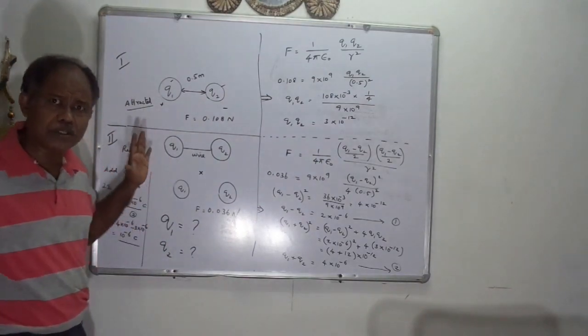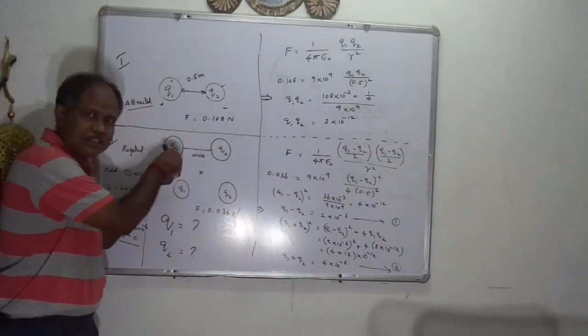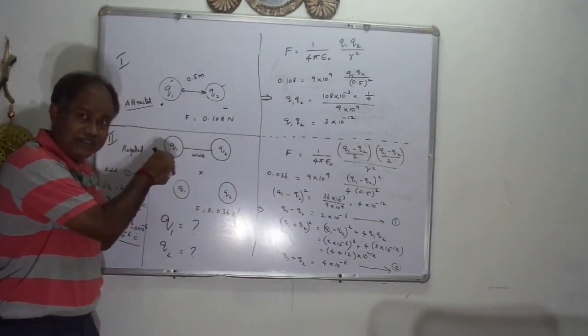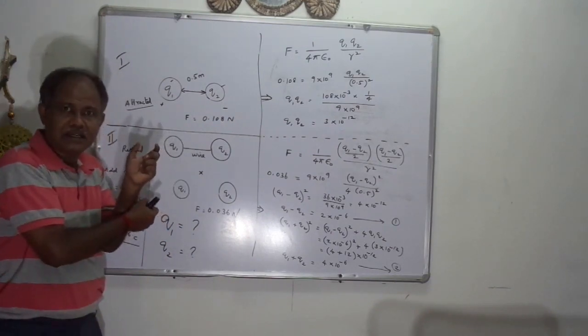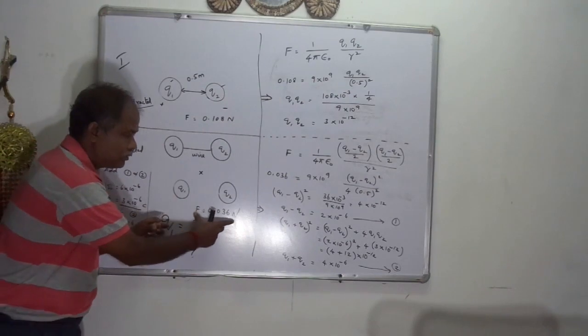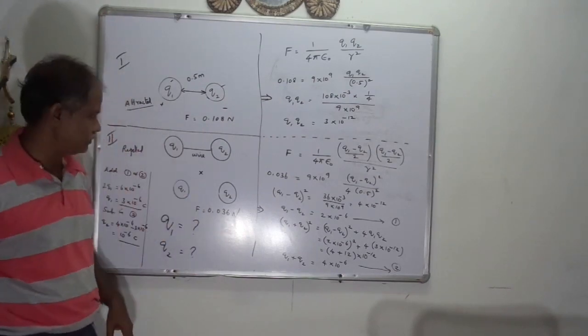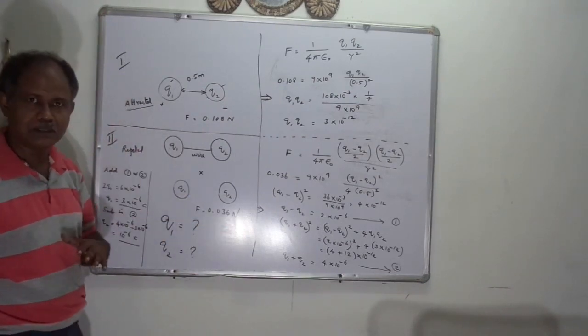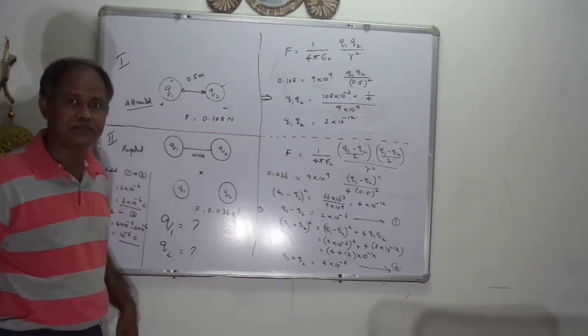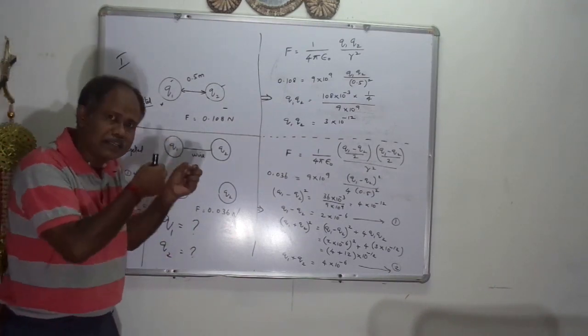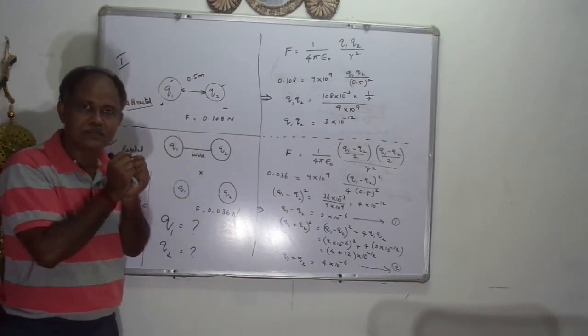What about the second situation? You connect a conducting wire, then remove the conducting wire, and then they provided the force. What will happen if I connect a wire between the charges?